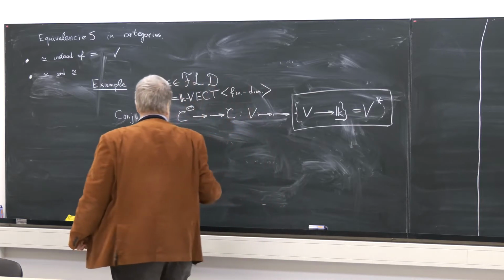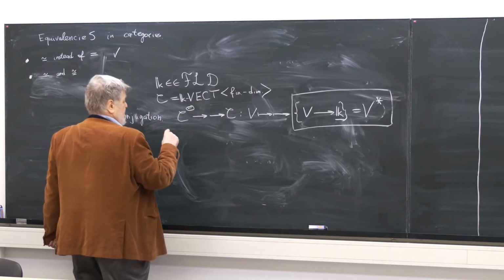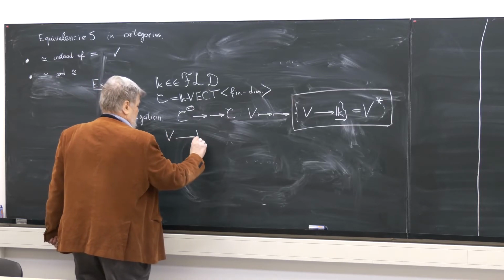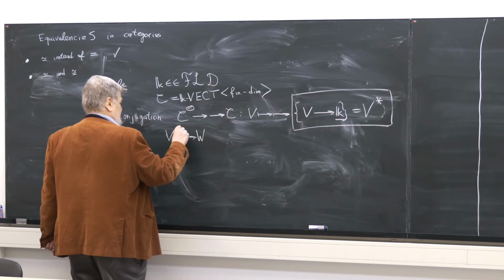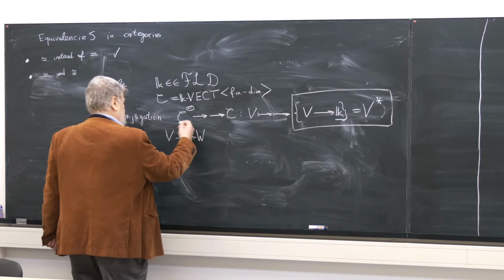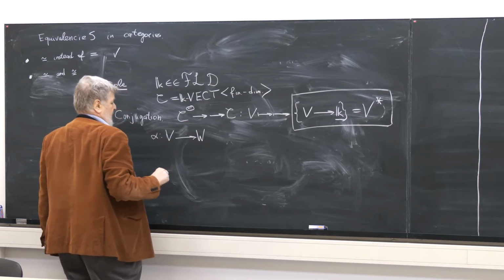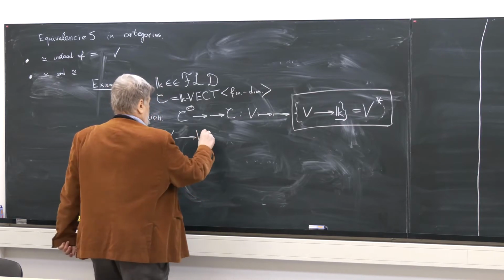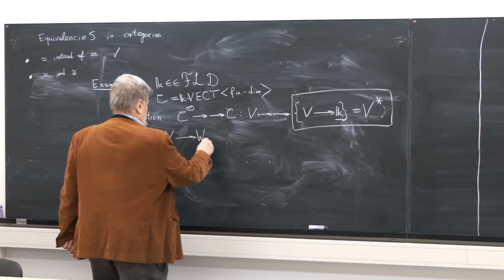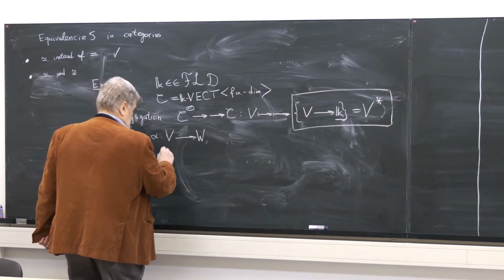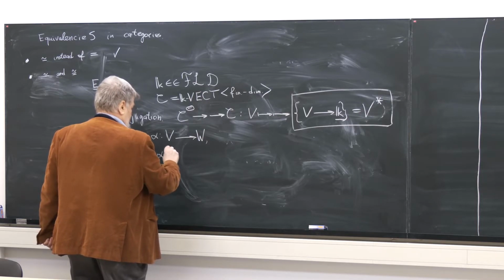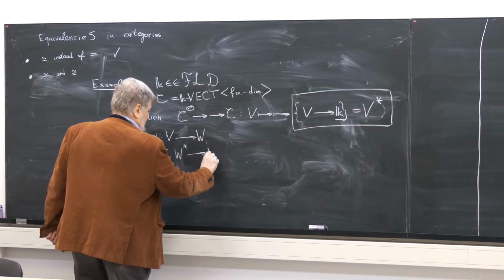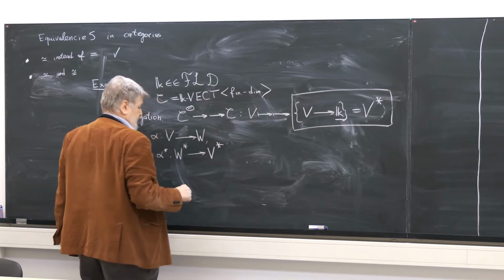Now, why is it a functor? It is because as soon as we have two objects, two vector spaces, and a morphism, here we better write like this, a morphism alpha, then here we use the upper star that maps the duals in the inverse direction.